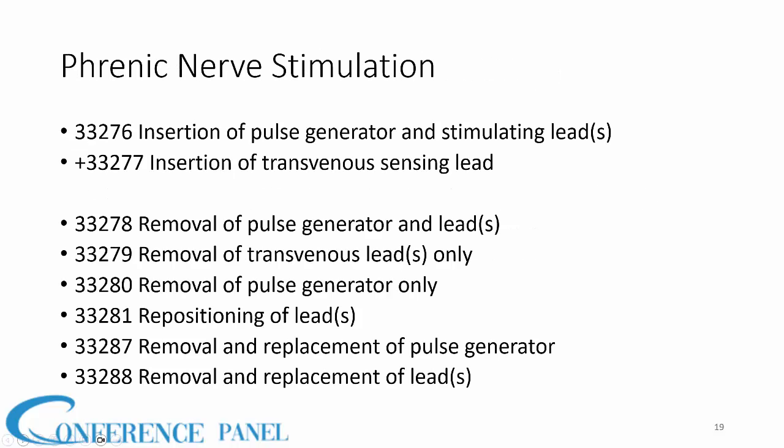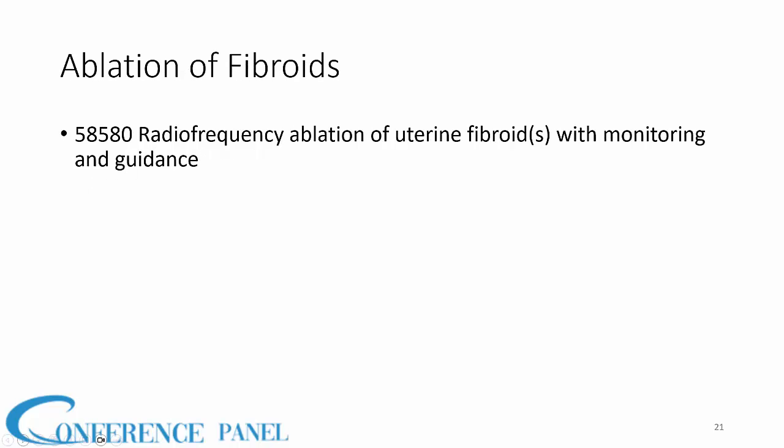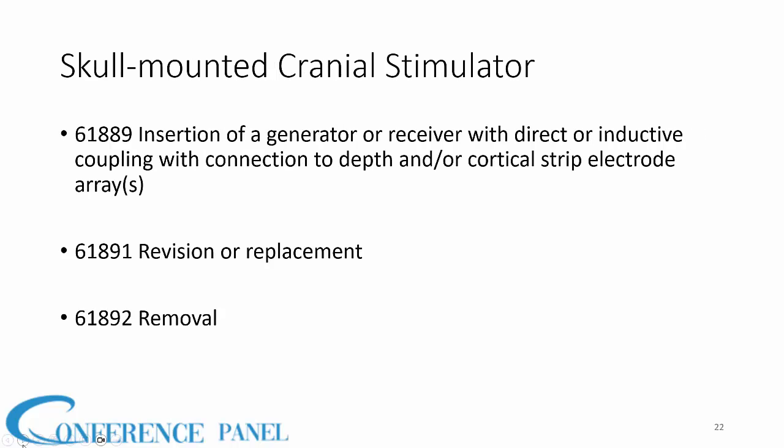They've also added a lot of codes, and they've done a lot of revising of neurostimulator codes in general. In the urinary system, there has been one code add for cystourethroscopy. It's 52284. We also have, again, another new radio frequency code for ablation of uterine fibroids.